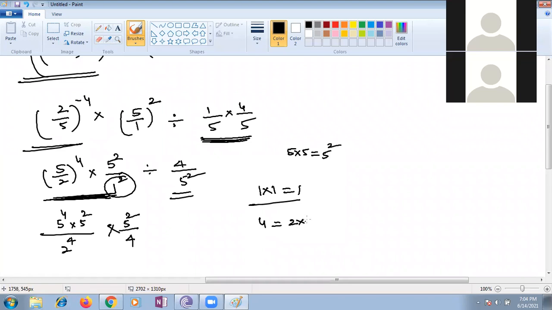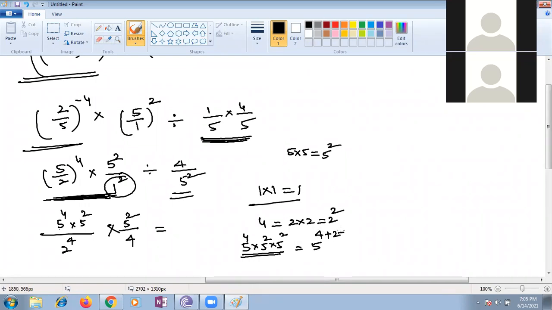Now can I write 4 in terms of exponents as what? 2 square. Yes, 2 square. Come on, children, in the numerator part you see 5 power 4, 5 square, again 5 square. All bases are the same. What should I do? Ma'am, you should add all the exponents. Aditya, can I add all these powers?